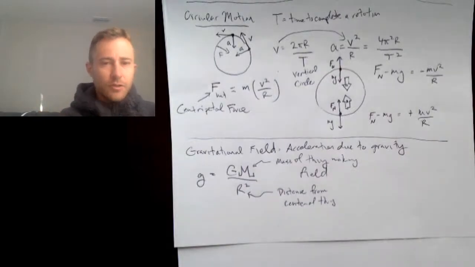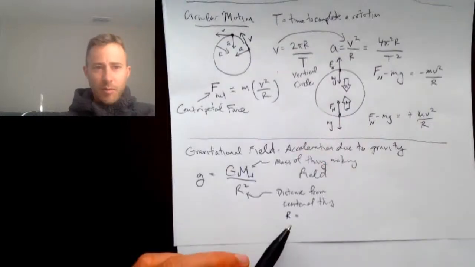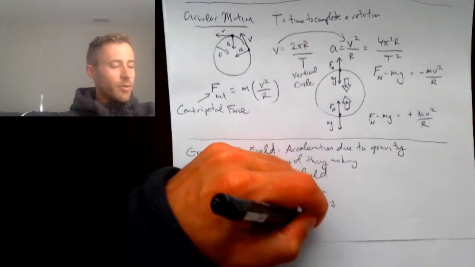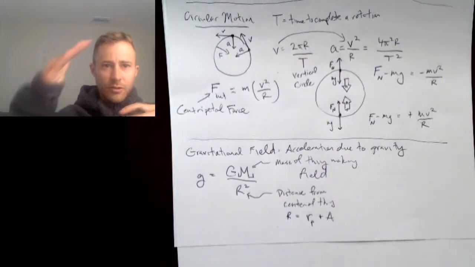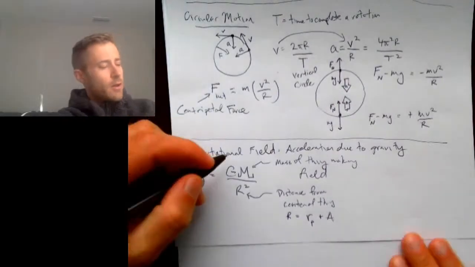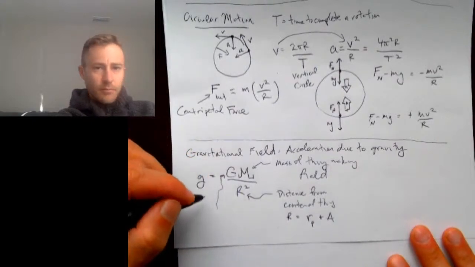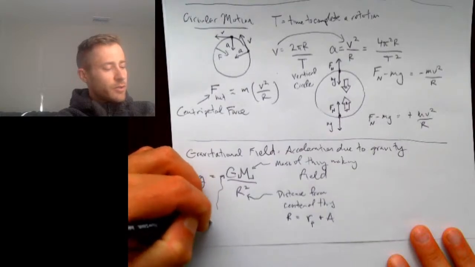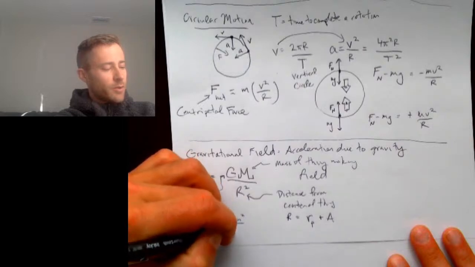If we're talking about a planet, for example, r would be the radius of the planet plus the altitude, because the altitude is the distance above the surface. Big G is a constant of nature. Its value is 6.7 times 10 to the negative 11 newton meter squared per kilogram squared.